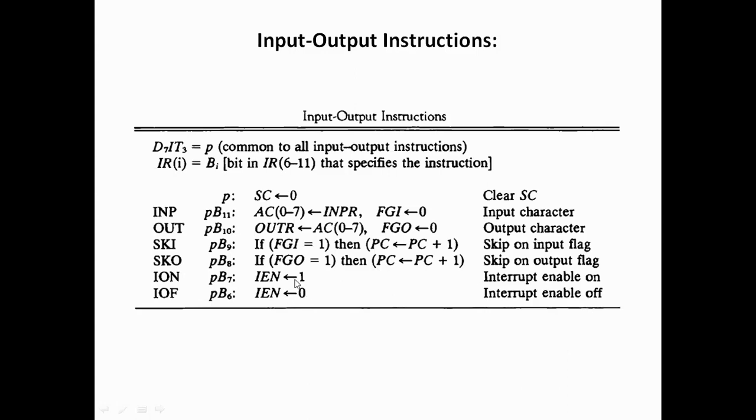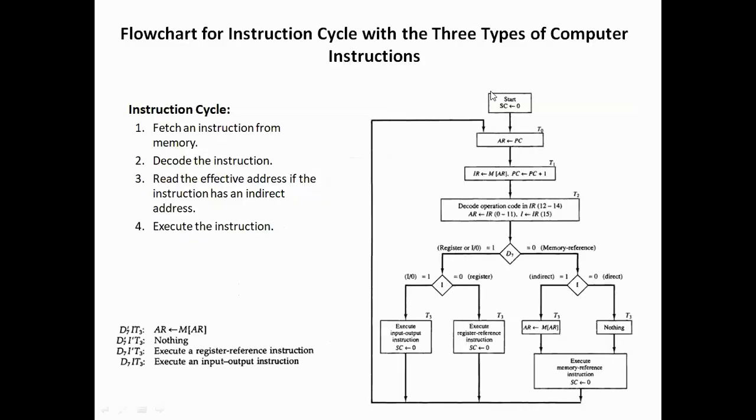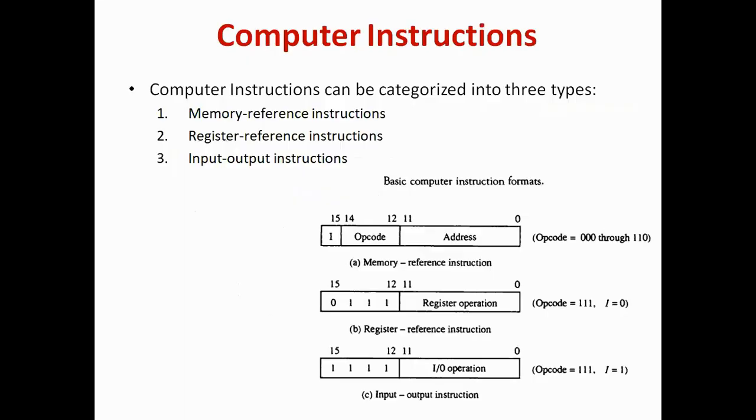Right? And when will these input output instructions be executed? We know from the same flowchart that D7 should be 1, I should be 1, and T3 should be on. Then the input output instruction is executed. So it will be D7 I T3. And what will be the format?